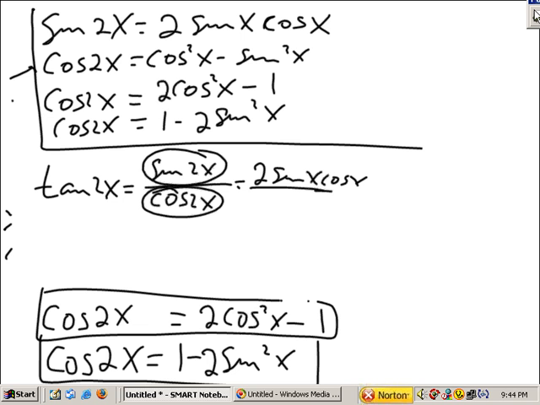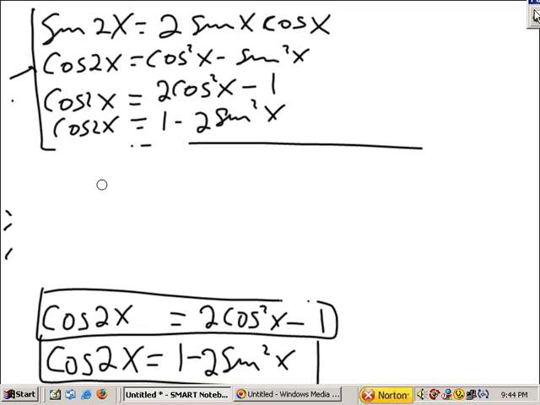I can use any one of them, doesn't matter. Personally, that's what I would use for tangent 2x. Possibly the denominator would have been one of the other formulas for cosine 2x. But let's see what the book is going to say. The book is basically going to say the following.